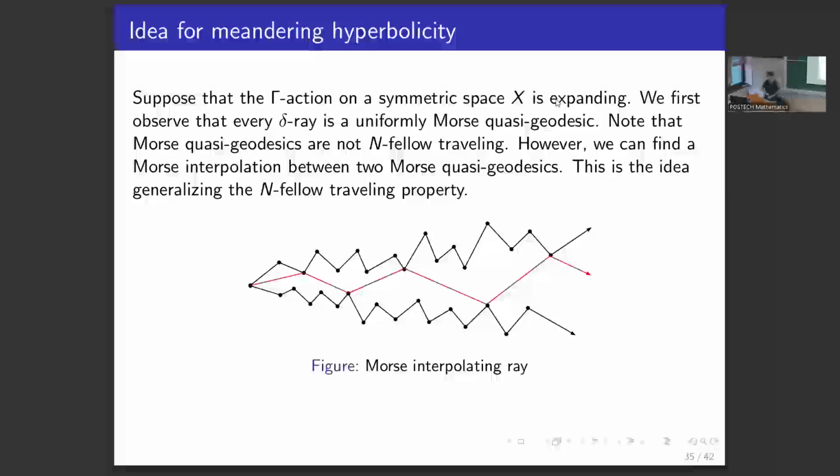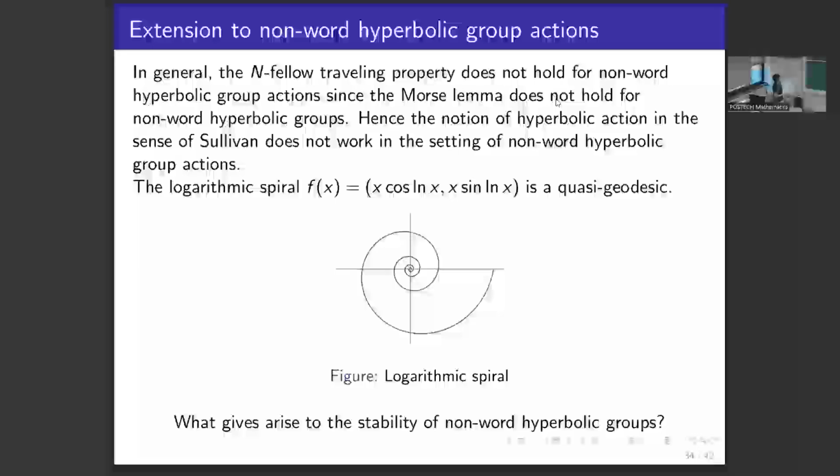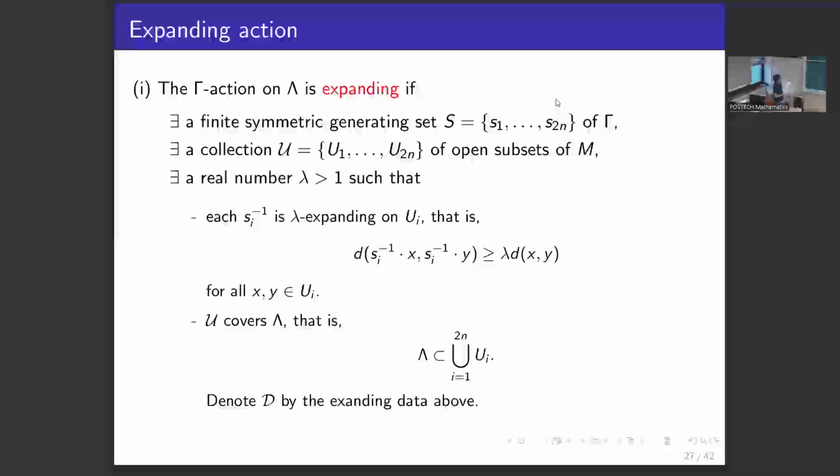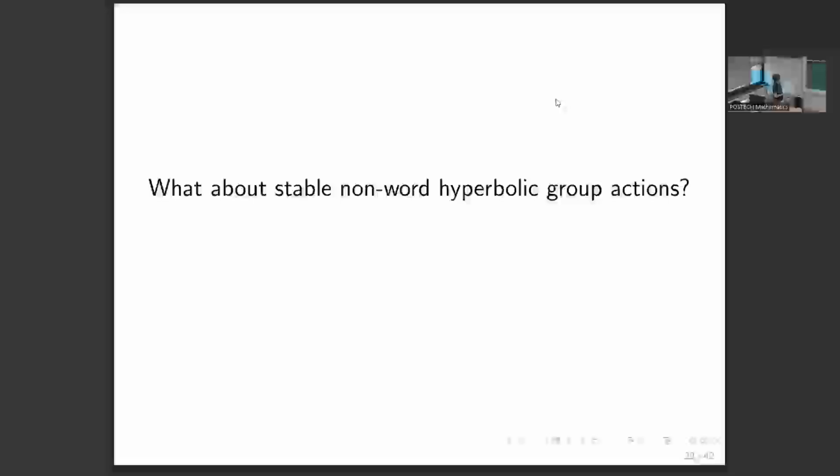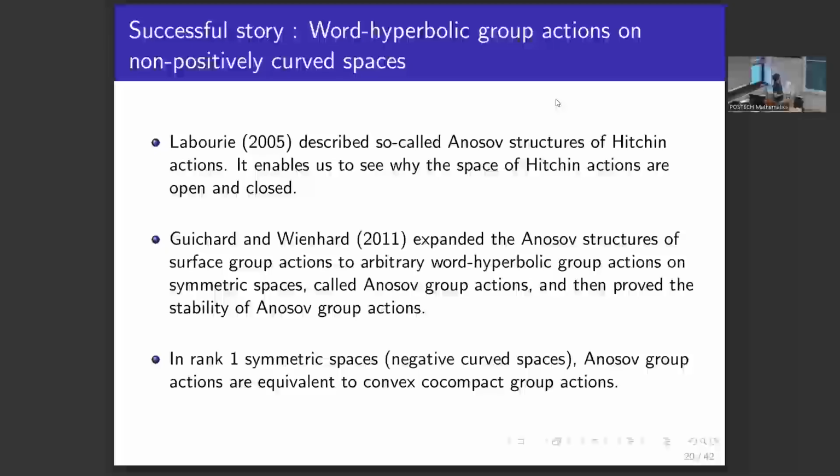In the very beginning, we talked about group homomorphisms, and rho can be closed. What do you mean by that?